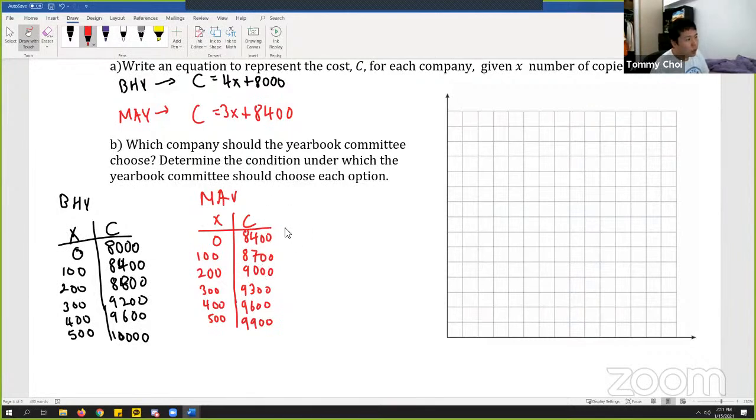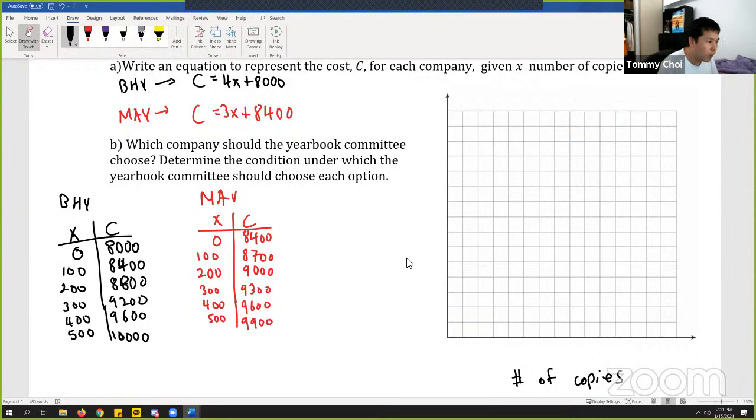Once we have that going, we can now plot it. First thing you want to do when you graph is label your axis titles, so number of copies and cost. I'll put number of copies down here.